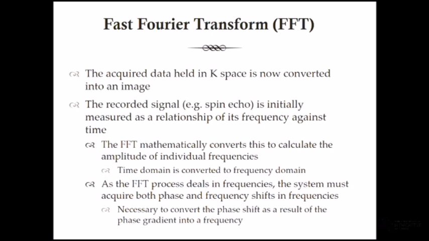So the recorded signal is measured as a relationship of its frequency against time. Okay, so then the fast Fourier transform converts this into an amplitude of individual frequencies. So once we do that, we can start to assign pixel intensities.